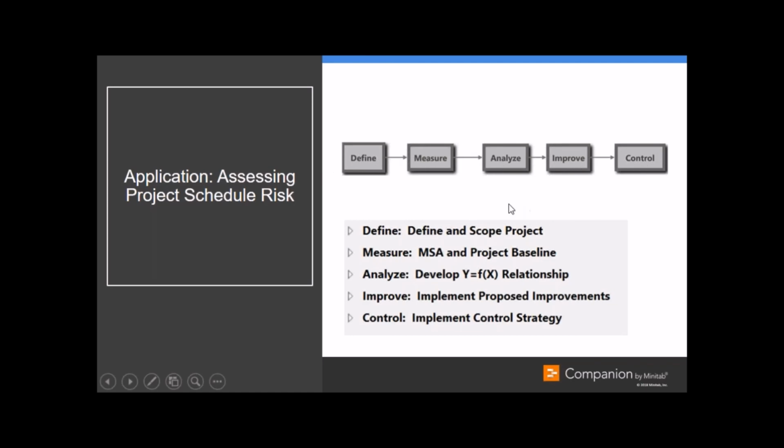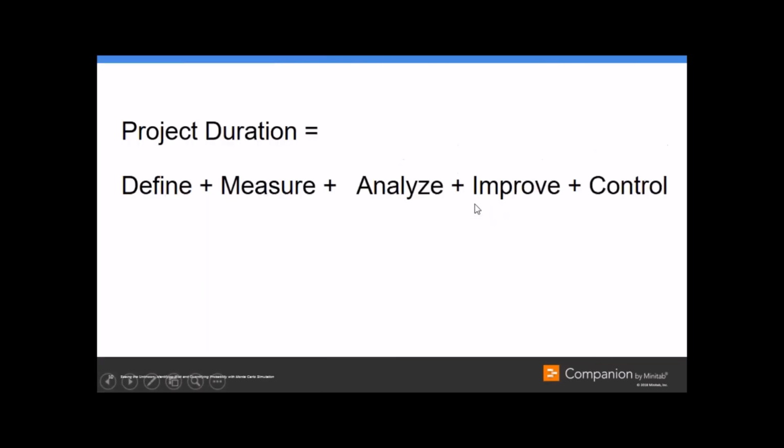And if I'm looking to measure a response, which is the total time it takes to complete a project, the transfer function, or the equation that describes that, is really just the sum of those factors. So however long it takes to do each one of these phases, the sum of that would predict what the project duration might be.